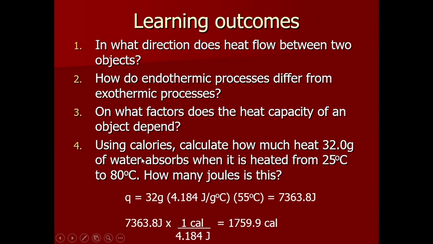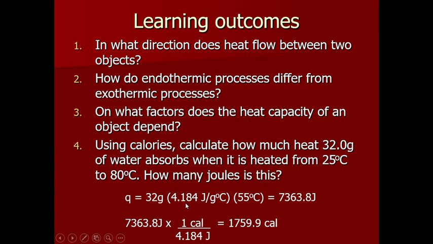So, how can we solve this problem? By applying this relationship: Q equals m times C times delta T. What is small m? That is the mass of the substance, 32 gram, given. C is the specific heat. The value of specific heat is a constant value, 4.184.